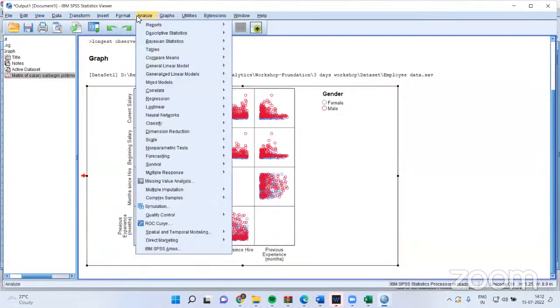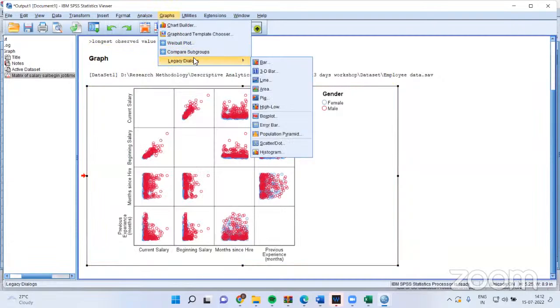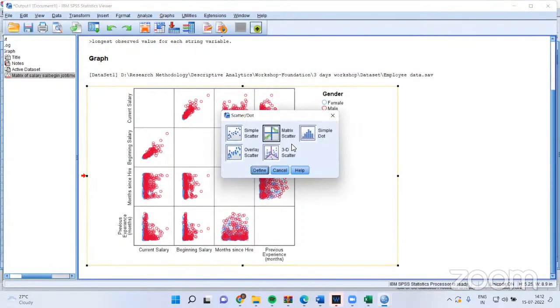Yeah, you go to analyze, graphs, legacy dialogues, and scatter dot, and in that matrix scatter. Sir, in matrix variables, what do we have to put?